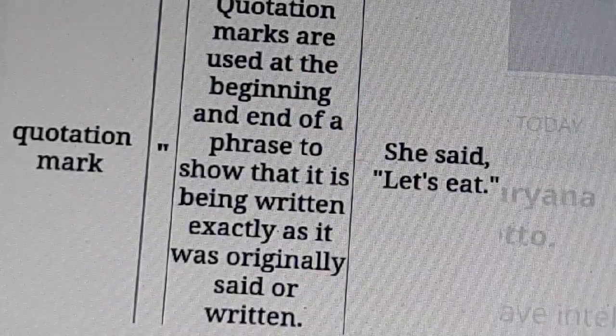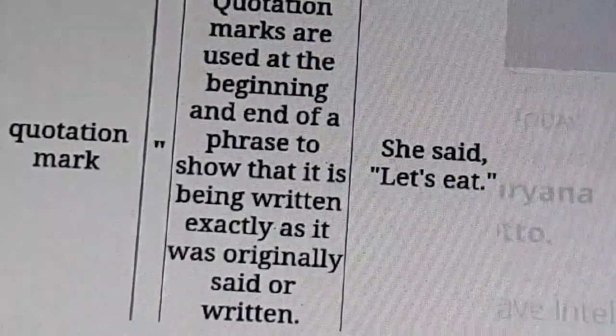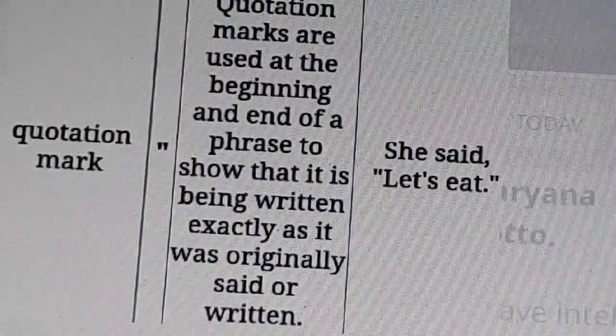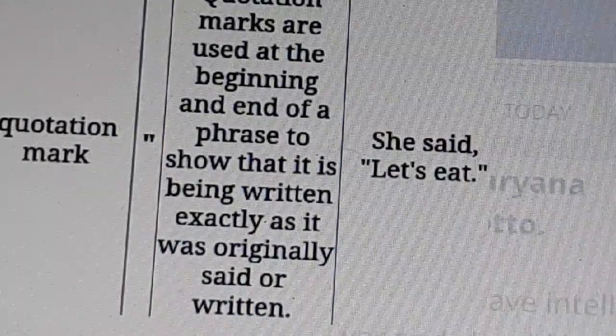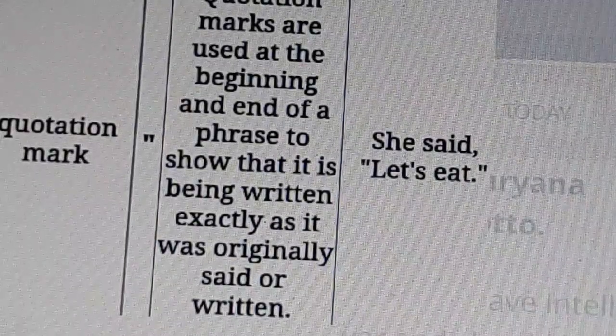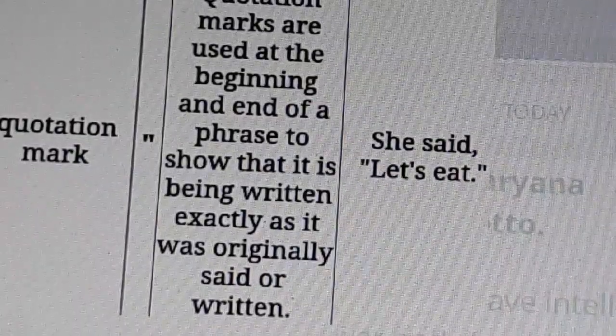It is usually used in direct speech. Example: She said, "Let's eat." We put this in quotation marks, exactly what she said.